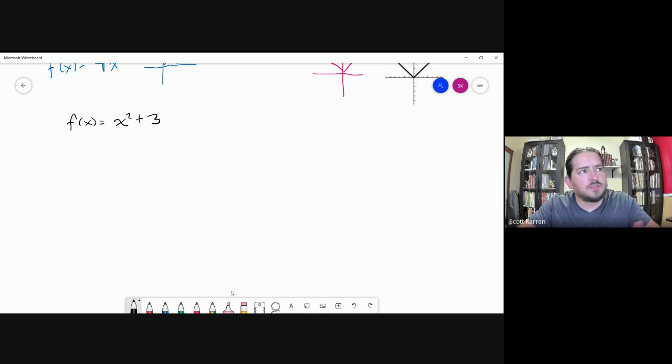Well, for every x value that I plug in there, I'm going to square it just like I did with f of x equals x squared, but then I'm going to add 3 to it, so my y values just all pop up by 3. So I should be able to simply graph this.